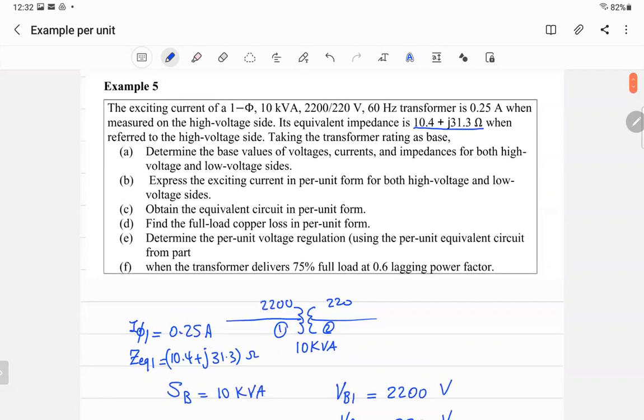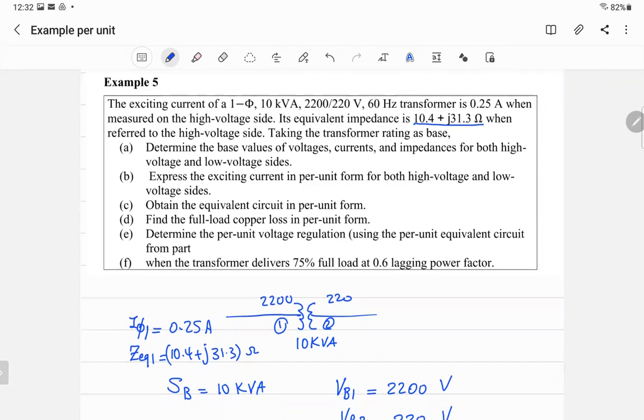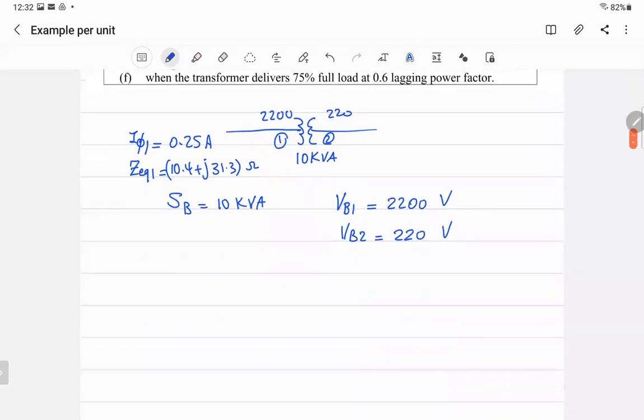What else? Taking the transformer rating as base. It was mentioned: taking the rated value as base. Determine the base values of voltage, current, and impedance of both sides, high and low. Even without saying that, I have to do it.